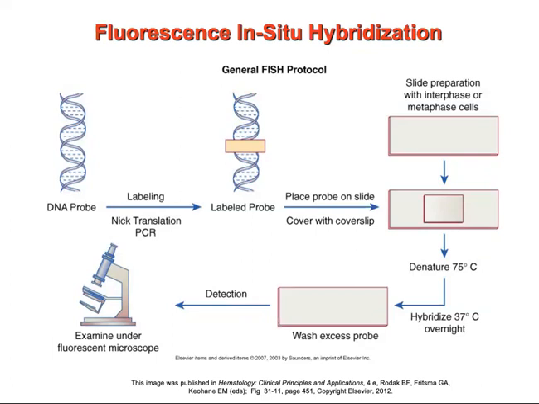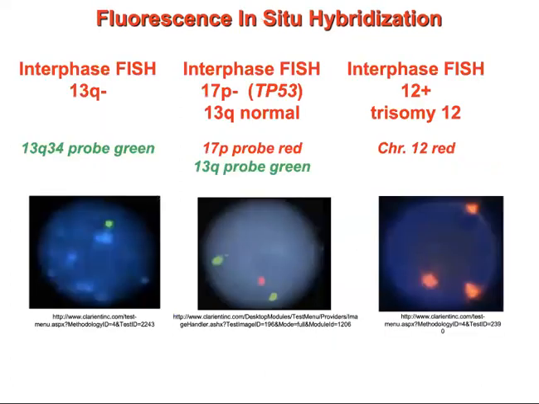And after hybridization, the unbound probes are removed with some washing steps, and then the cells are stained for visualization under a fluorescent microscope. And so FISH is a little bit time consuming, but it's not so bad. But we look for reaction. So we look for color.